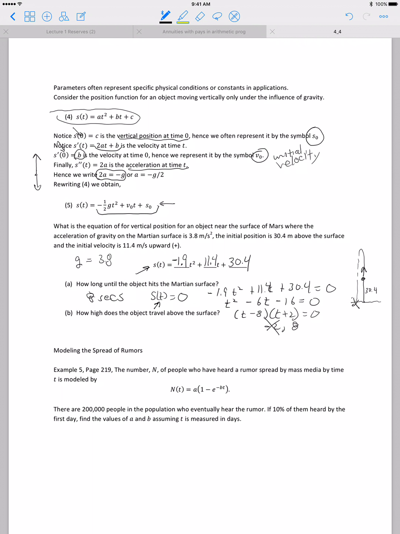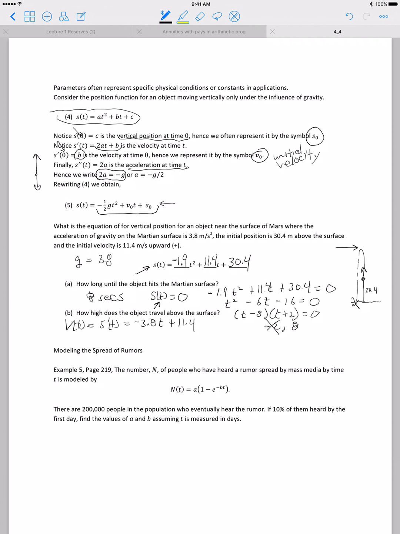How high does the object travel above the surface? So how high does it go? That's going to be, if I look at the picture, where it reaches this peak. At that point, the velocity is going to be 0 because it's going to be turning around. So if I find the velocity, it's the derivative of position, that's minus 3.8t plus 11.4.